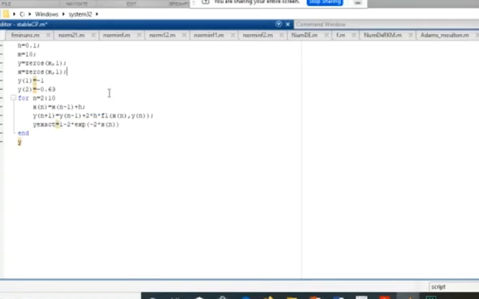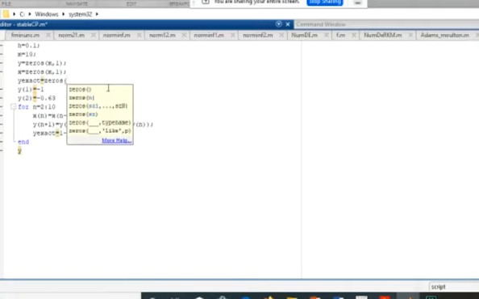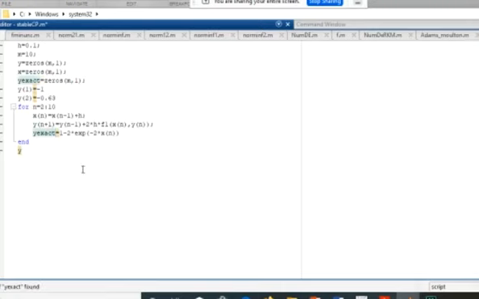At first, let me define the function for y exact. First, the initial assignment for variables in MATLAB: y exact equals zeros, n by 1.